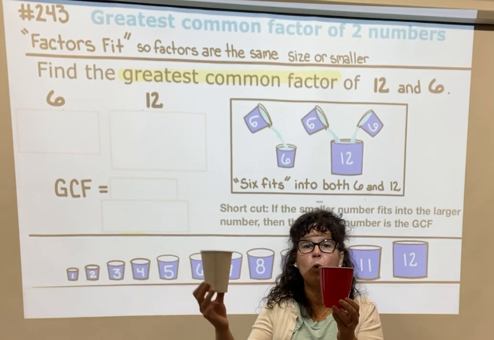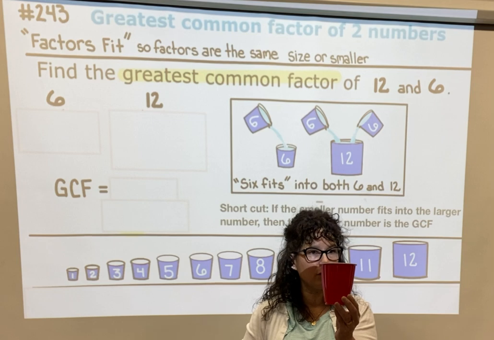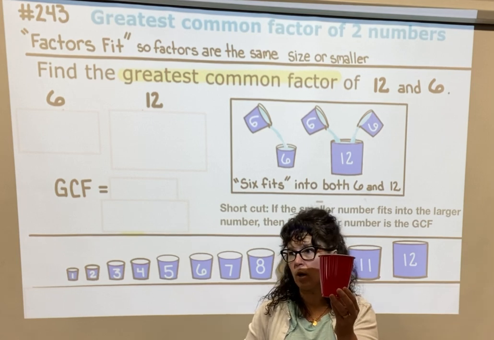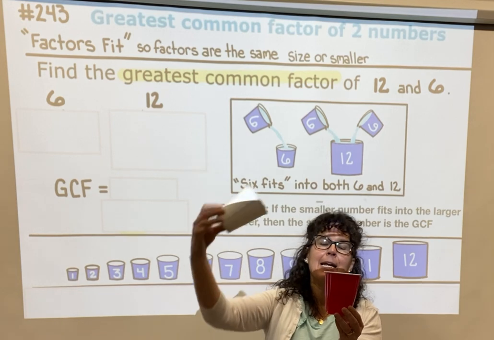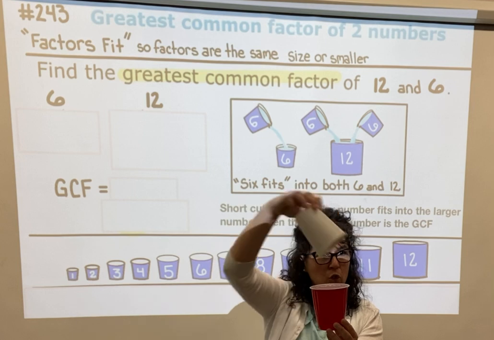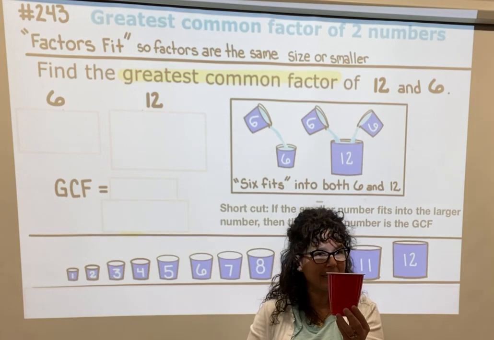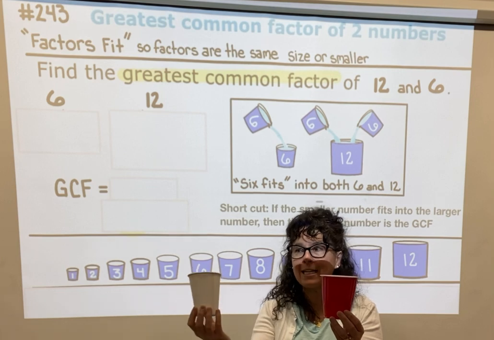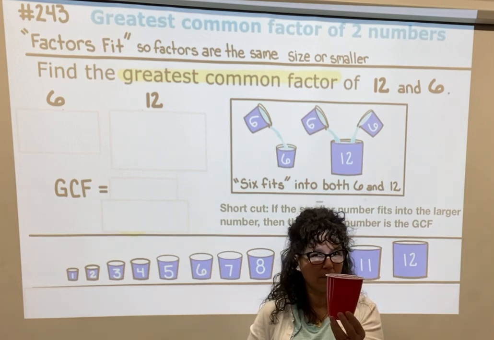If I fill it up once and dump it in, so far it has not overflowed because this one holds 24. But if I fill this one up again with 20 and dump all of it in, 20 and another 20 is 40, it's going to overflow this glass. So 20 does not fit into 24.